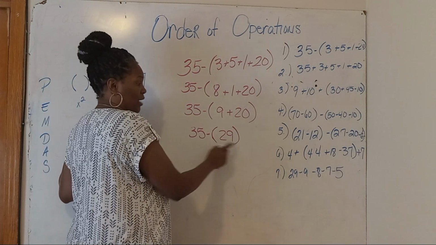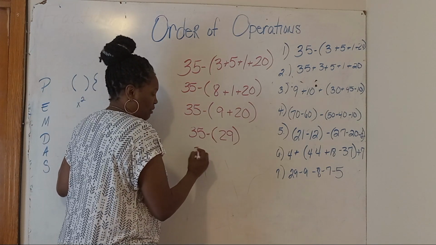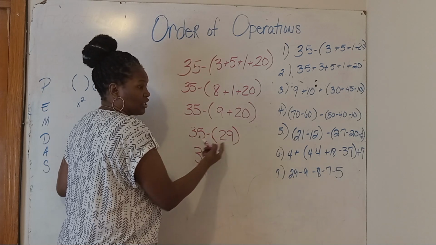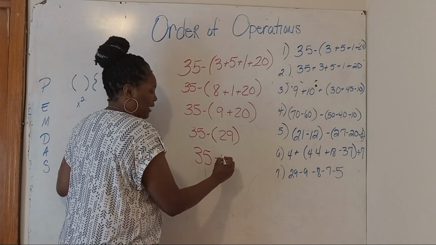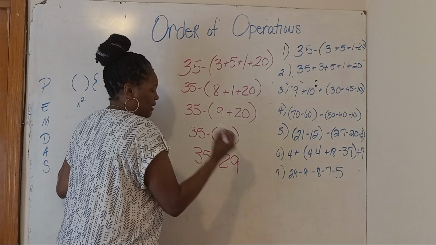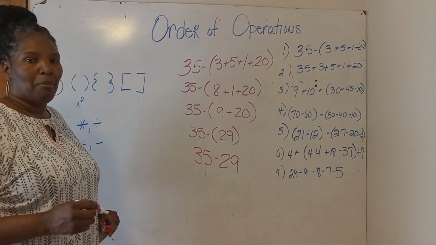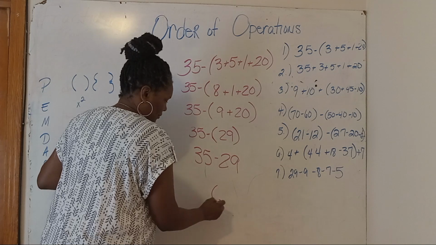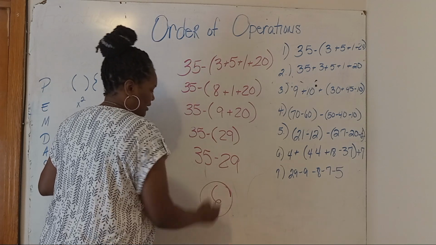So now we just got two numbers. So guess what we can do? 35 minus. Since there's only one number in these parentheses, I don't need the parentheses anymore. Now I just got 35 minus 29. What's 35 minus 29? It's 6. Our answer is 6.